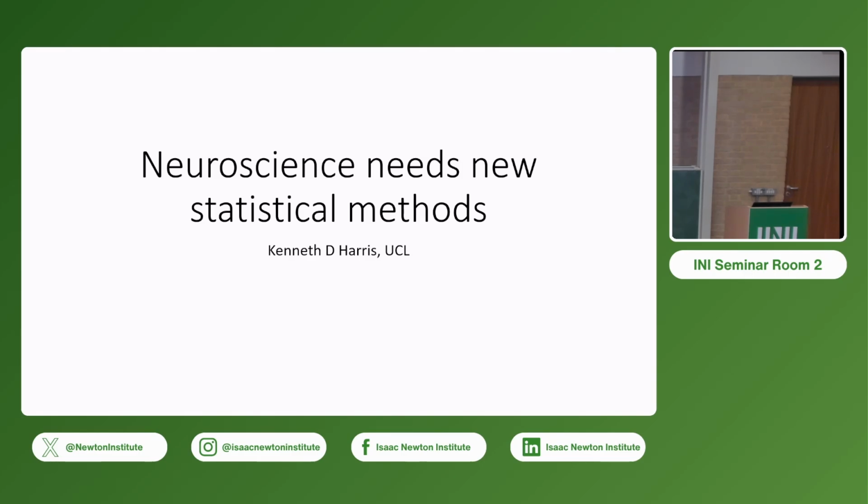I'm going to show an example of how you can use activity in the mouse brain to get a statistically significant prediction of the price of Bitcoin, which obviously shows there's a mistake in that method. If you use a naive method, you can predict Bitcoin prices from the mouse brain.